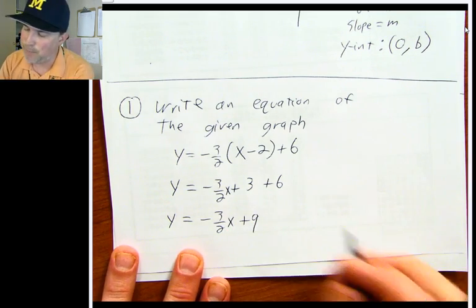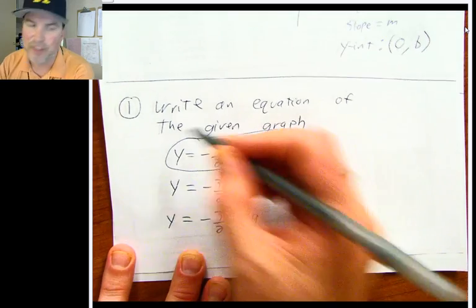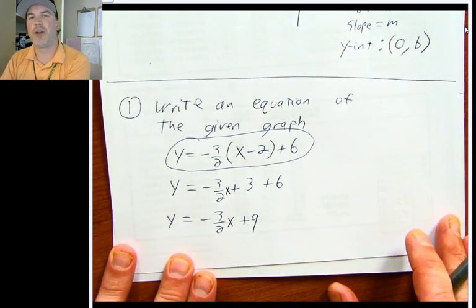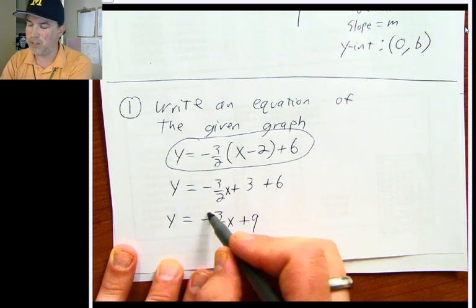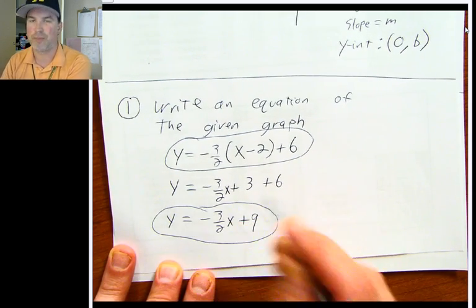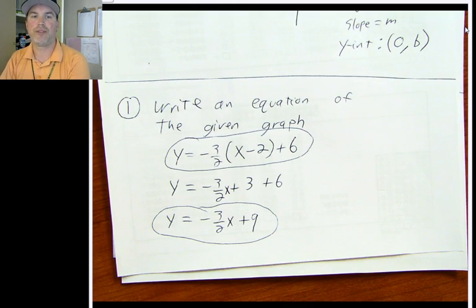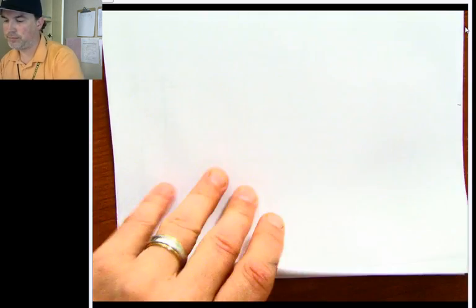So like I said, I am okay with this point slope answer, but if you want to be able to check your answers, you might need to go into slope intercept form from there to make sure that you have that right answer. And that's example 1. Example 2.